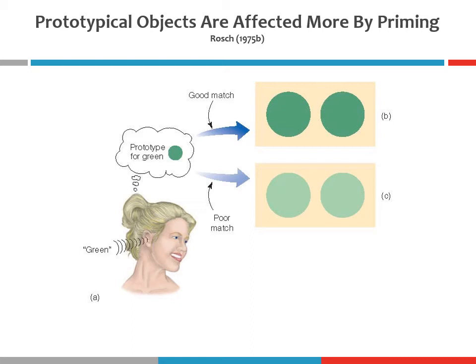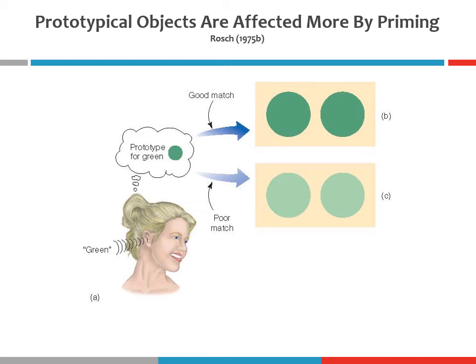And Roche explains this as being due to the fact that when participants hear the word green, in their mind, they bring up the prototype. Okay? So when they hear the word green, they bring up their prototypical shade of green, which more closely matches, right, the first colors than the less typical colors down at the bottom, the lighter green.